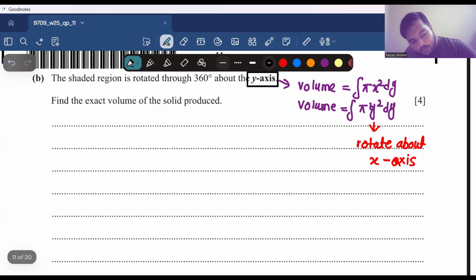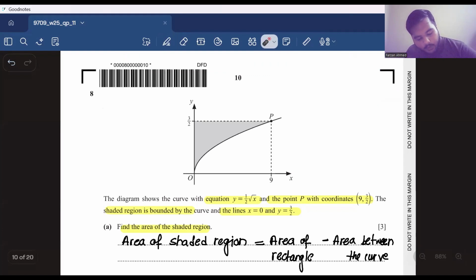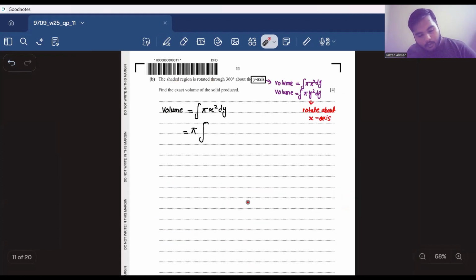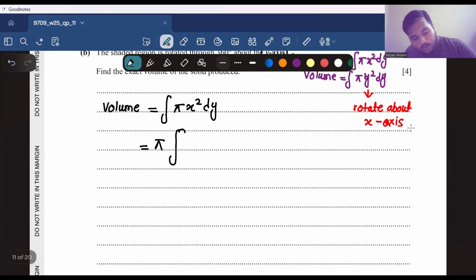So in this question, we will use the formula volume equals pi x square dy. We will take the pi outside and apply the limits. The y value is 3 upon 2 and the lower value is 0.